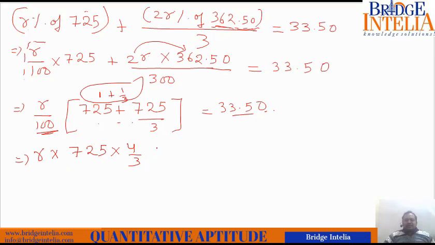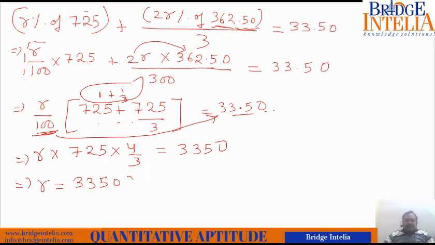So this is equal to 3350. Why? Because this 100 goes to the other side, multiplies, that's why this decimal is gone. So let's see. So will this 3 cancel this 725 out? It doesn't. So anyways, R is equal to 3350 into 3 divided by 725 into 4.